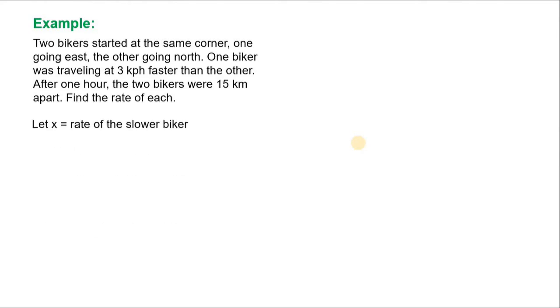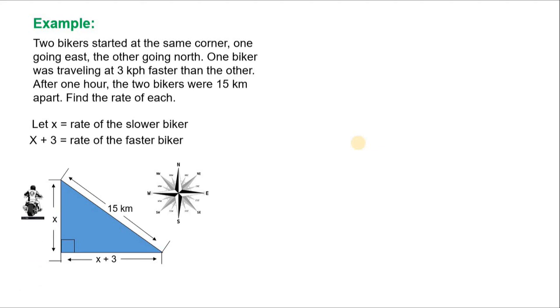Let x be the rate of the slower biker. So we have x plus 3 for the faster biker, since it is 3 km per hour faster than the slower biker. So our directions: one is going north, the other one is going east.